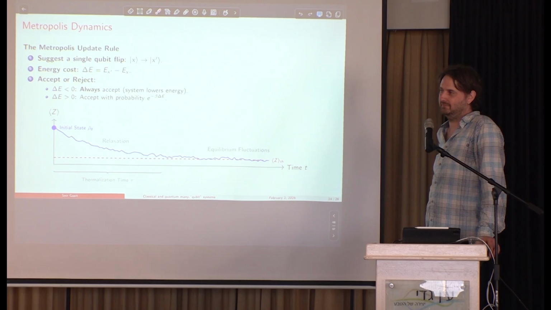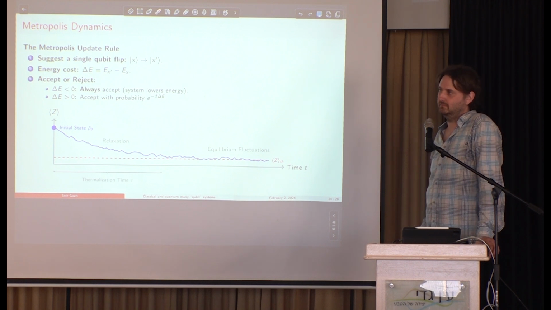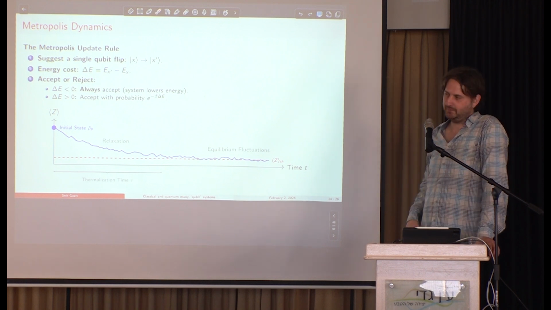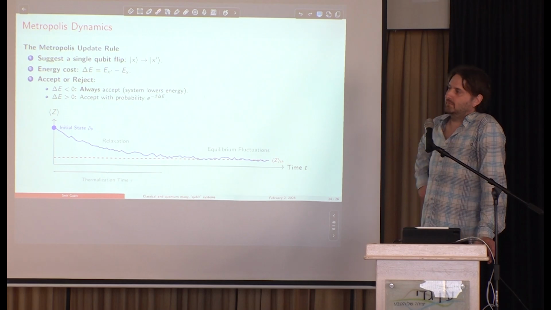This is non-unitary dynamics. You could start from a pure state and then evolve into the mixed Gibbs state, and the dynamics involves what Snir talked about, a bath, or you can think of it like a Metropolis process that changes the state randomly, and then it evolves to that Gibbs state.